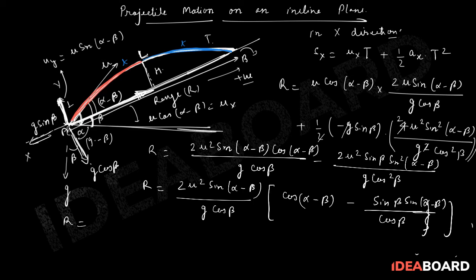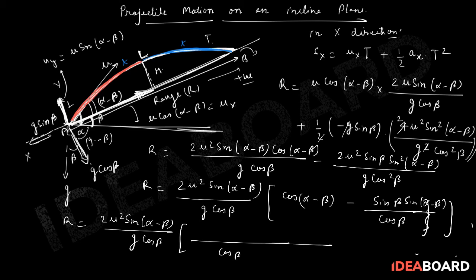So let us rewrite it. So 2u square sin(alpha minus beta) upon g cos beta. Now take LCM, so this is cos beta cos(alpha minus beta) minus sin beta sin(alpha minus beta).